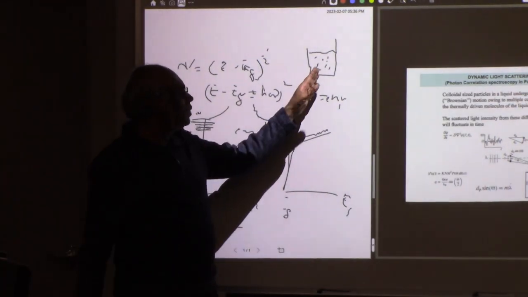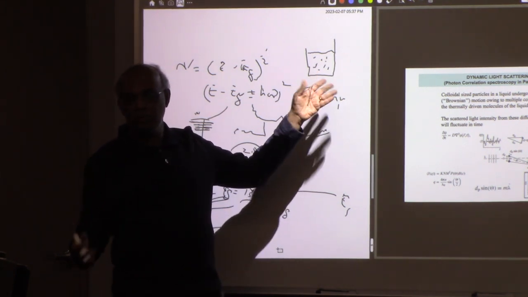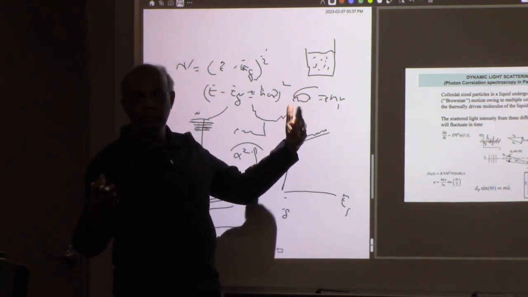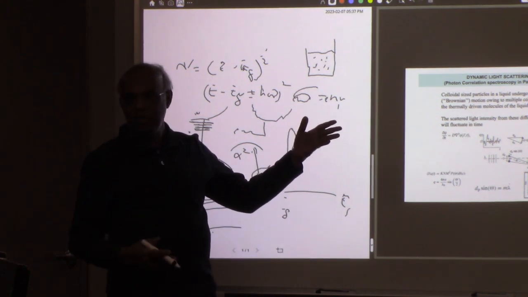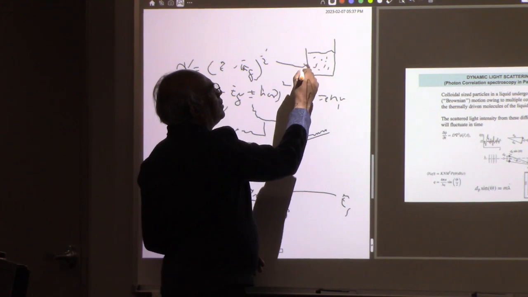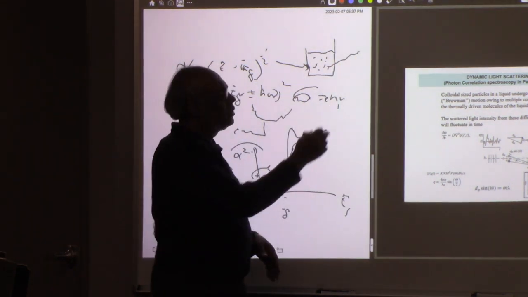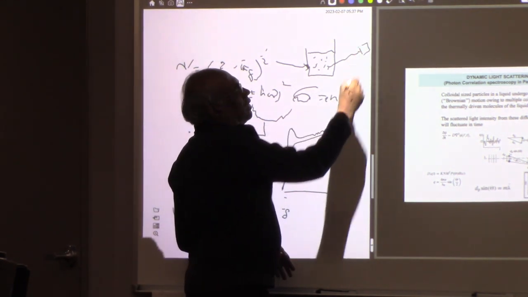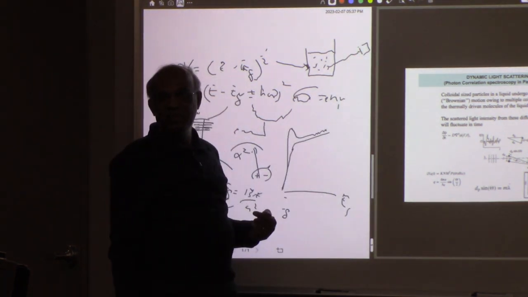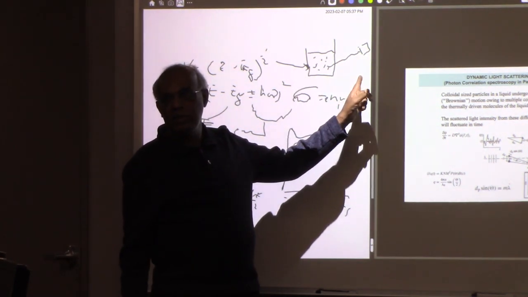We know these particles always go through something called Brownian motion, right? If you shine light, say laser light, then you get the scattered light out. You have a photo detector, that's all you need. Then as a function of time, you collect this light intensity.